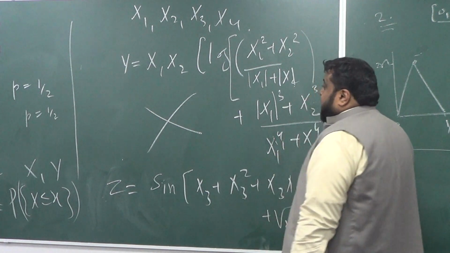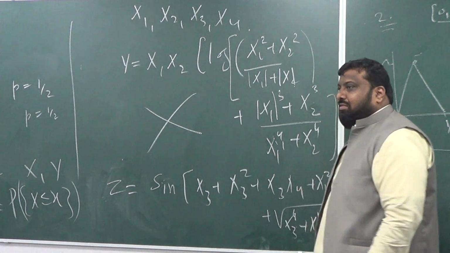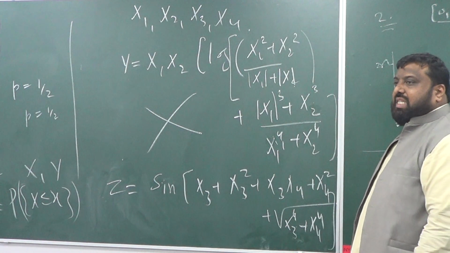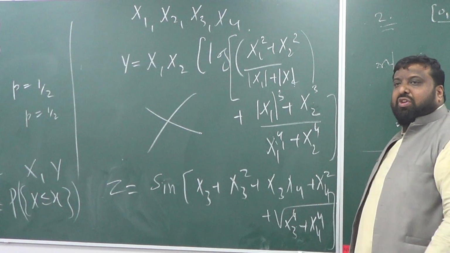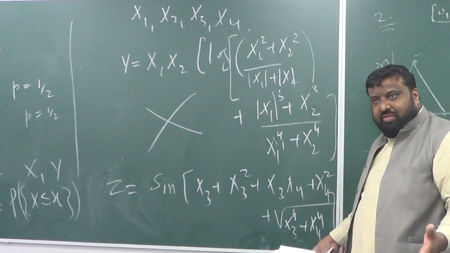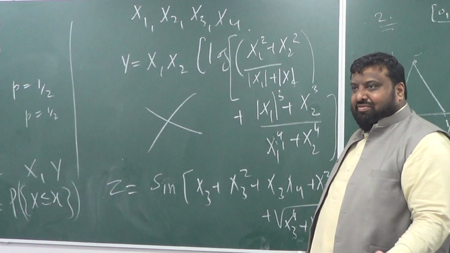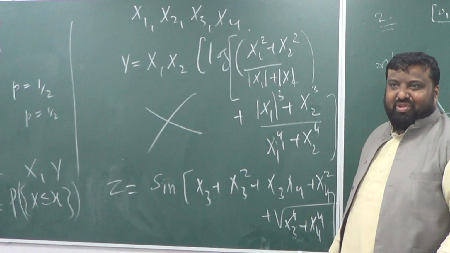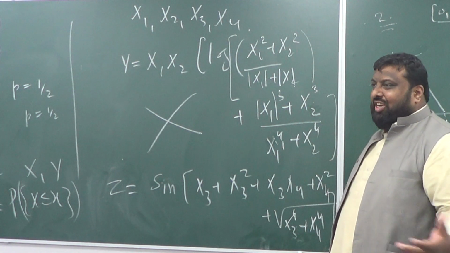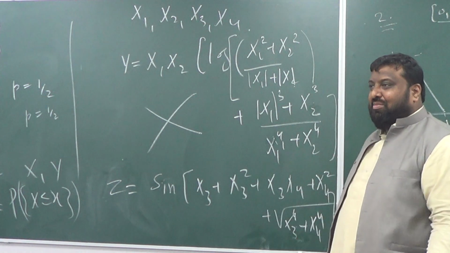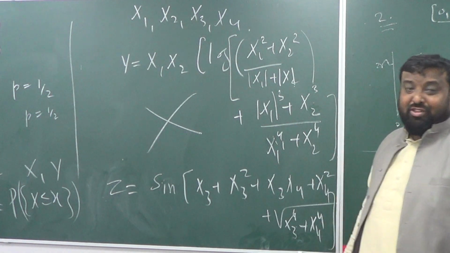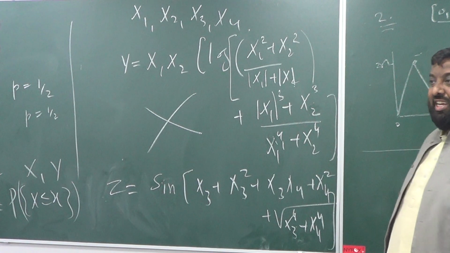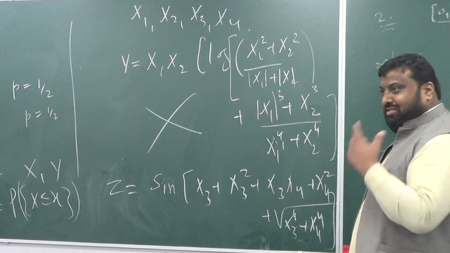Okay, so you can say maybe I can numerically check it, something like that. But if you have two ways to do the same thing, from a computational point of view, one is computationally less complex and one is computationally more complex, you should prefer the one which is computationally less complex, which uses fewer resources.